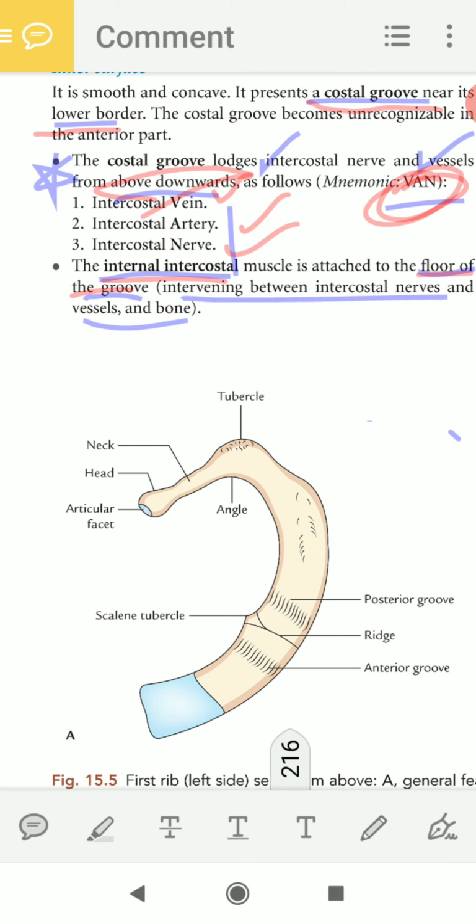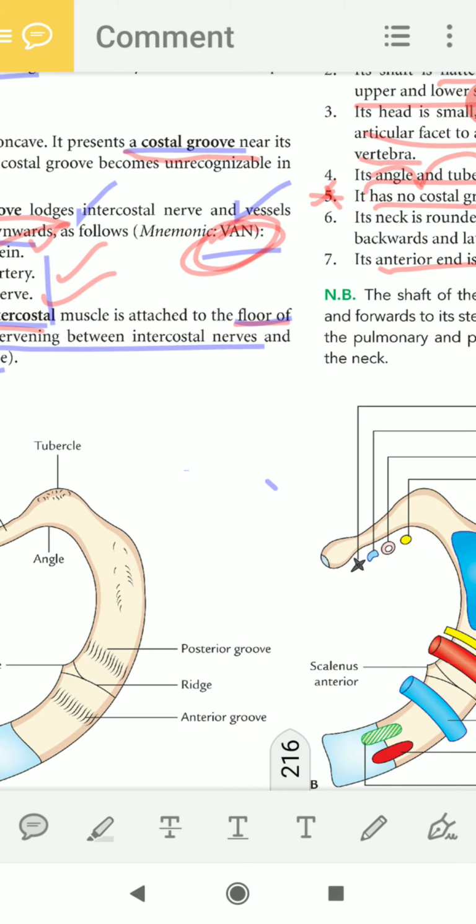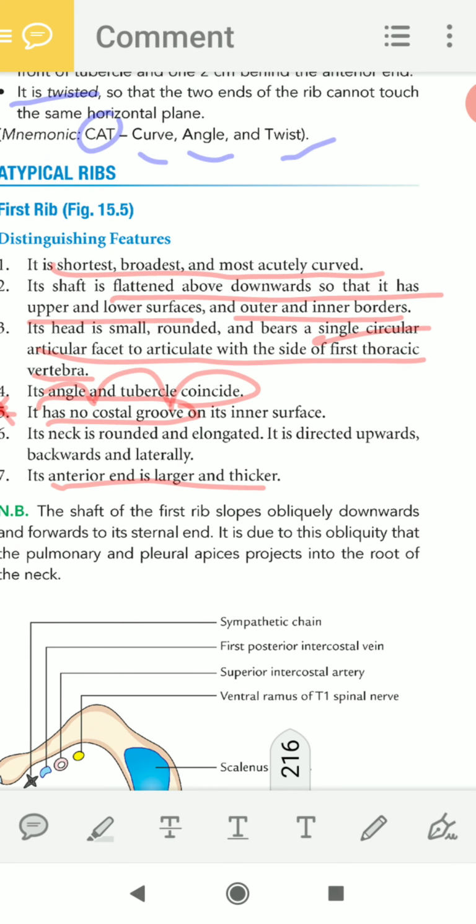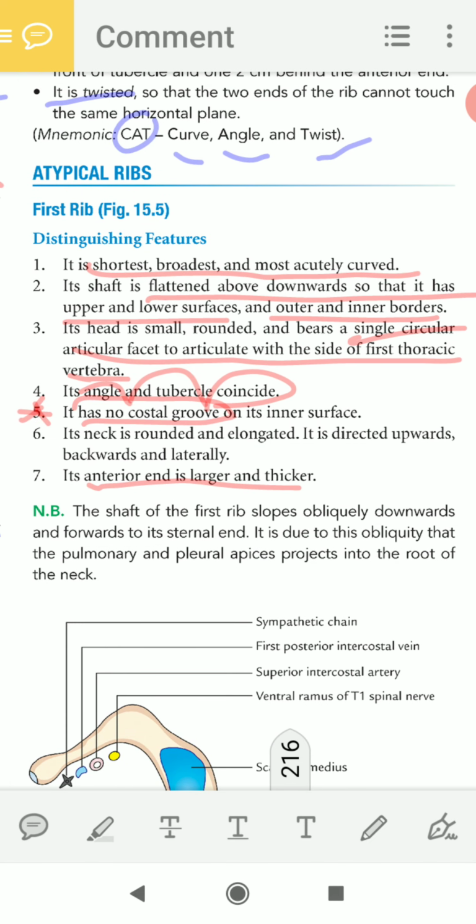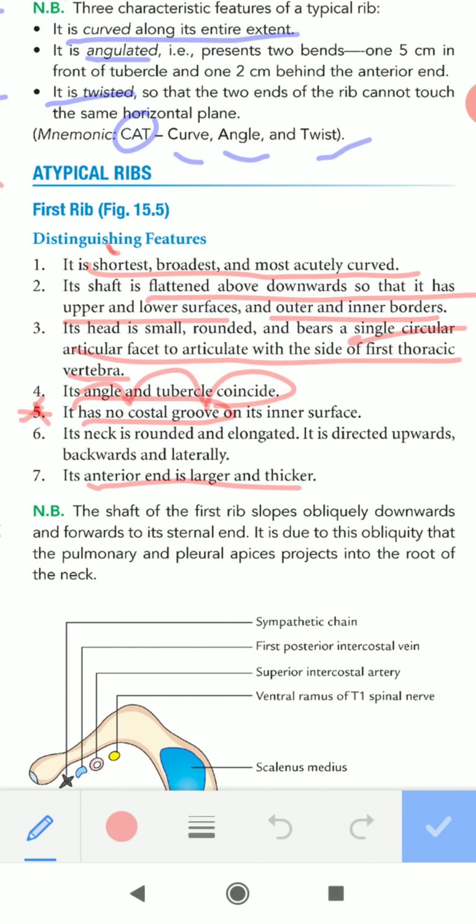So this is a picture of a first rib. What are the distinguishing features, or special characteristics, that the first rib has? Number 1, it is shortest, broadest and most acutely curved, and it is flattened from above downwards, so that it has an upper surface, lower surface, and outer border, inner border.